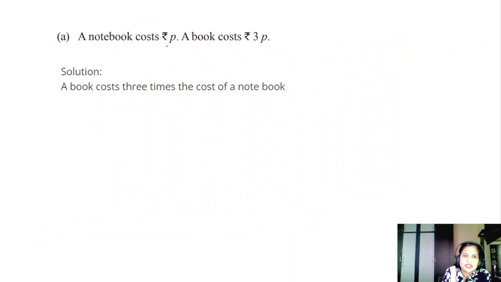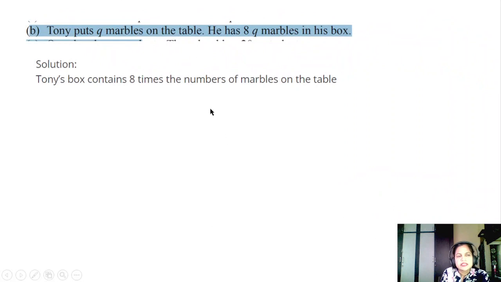A notebook costs p rupees and a book costs 3p rupees. Solution: the book costs 3 times the cost of the notebook. This is the statement. Then Tony puts Q marbles on the table. He has 8Q marbles in his box.